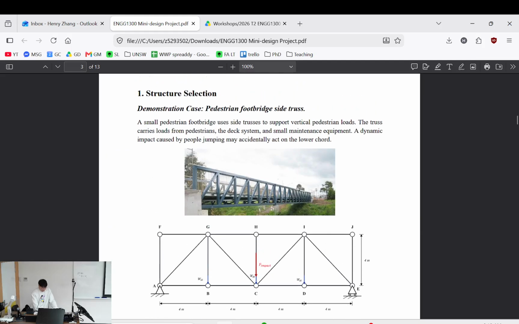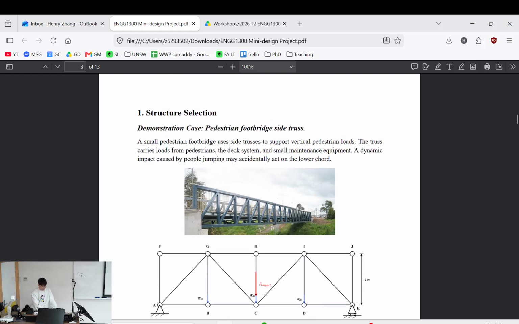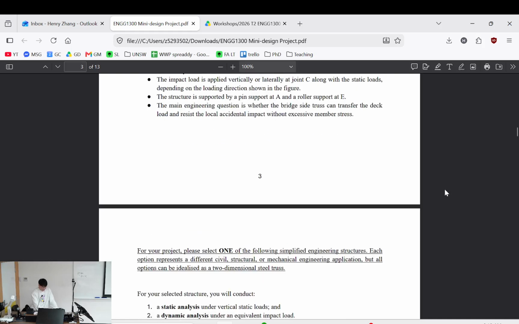What will happen is that we will cover in the class, I haven't figured out which week I want to do this in, maybe week 5 or something like that, once you guys have learned trusses, how to solve an example case. But this first one is just a demonstration case, so I'll be covering that in class.